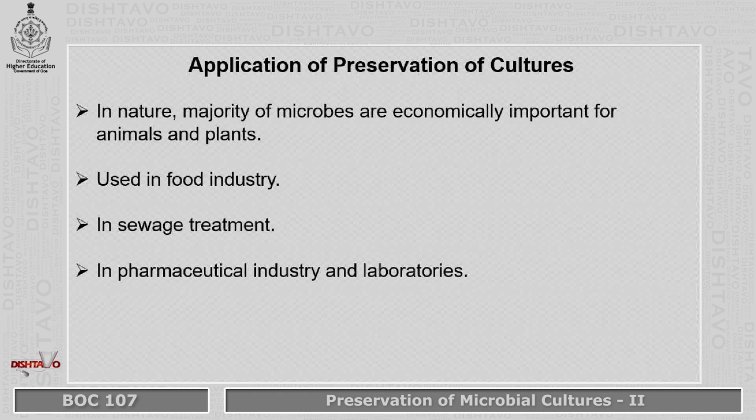There are other applications, like some microorganisms are used in the food industry. Some microorganisms are used in sewage treatment. There are many microorganisms which are also used in the pharmaceutical industry and research laboratories.